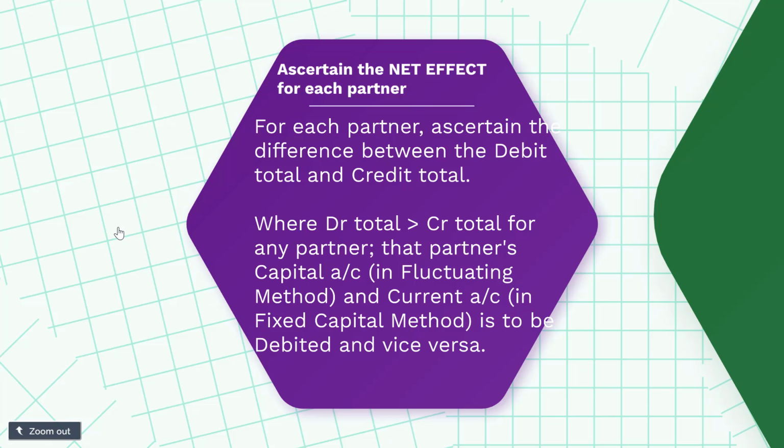So which means the net effect is 100 debit, which means where the fluctuating capital method is being followed, partner A's capital account has to be debited with 100, and where the fixed capital method is being followed, the partner's current account needs to be debited with rupees 100.